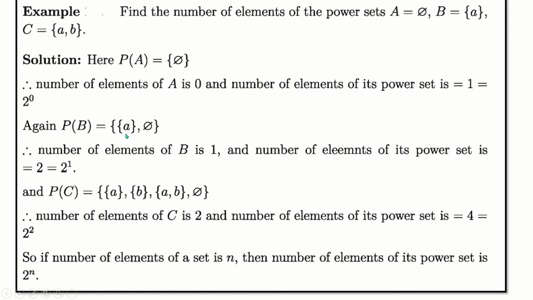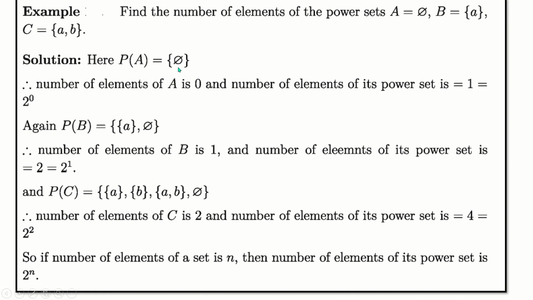But here there are two elements, this and this. This set is an element of the power set. That means the subsets of a particular set are the elements of the power set, and the total subsets make the power set. As the subsets of this set are 2 and each set is enclosed in this bracket and this bracket, that means the third bracket, this is now a single set, this is the power set.